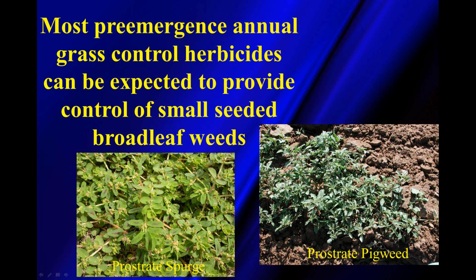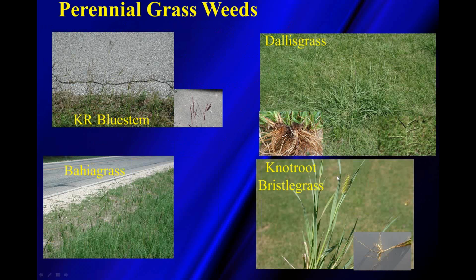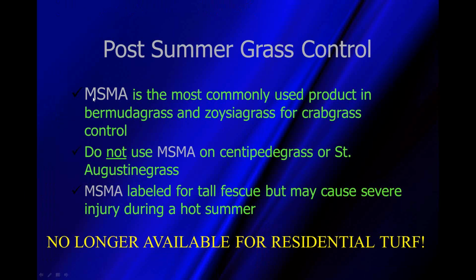One thing I'll mention about these pre-emergence annual grass control herbicides is that it's not necessarily based on grasses or broadleafs as it is seed size. So if you have a small-seeded broadleaf plant like pigweed or spurge, it's also going to control those. Now, our perennial grass weeds that we pointed out earlier, from KR bluestem to Dallasgrass, we don't have a whole lot of options, especially for residential turf.